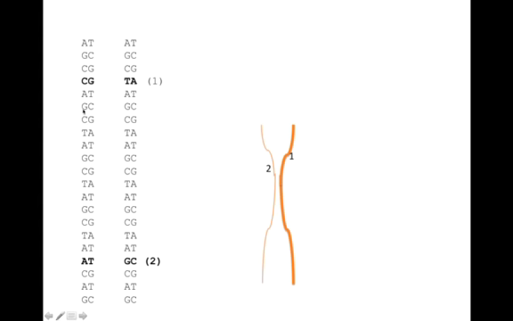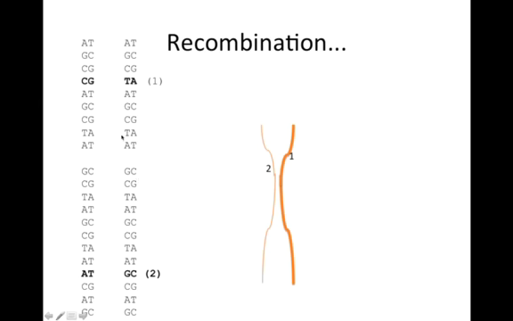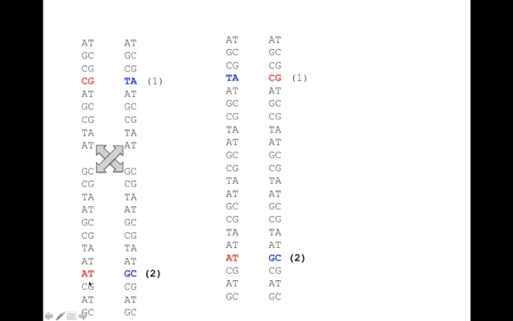So we have a double-stranded DNA and a double-stranded DNA. And then during recombination, what will happen is at a given site this chromosome will get attached to this one, and this one will get attached to that one. And so if we follow this through, let's use red to mean our left combination and blue our right combination.